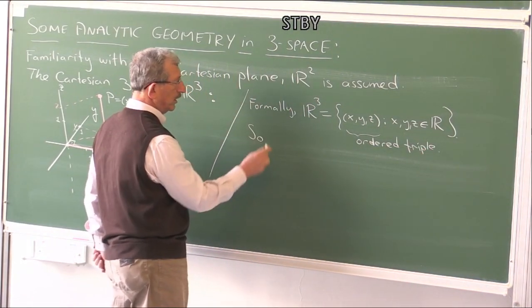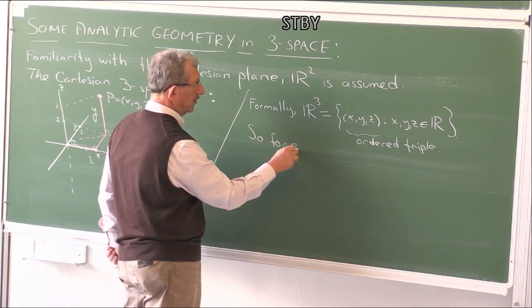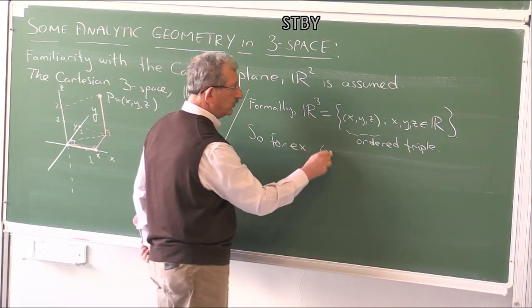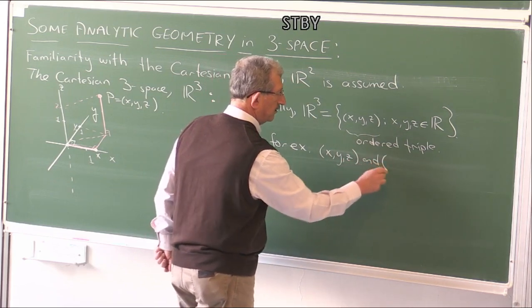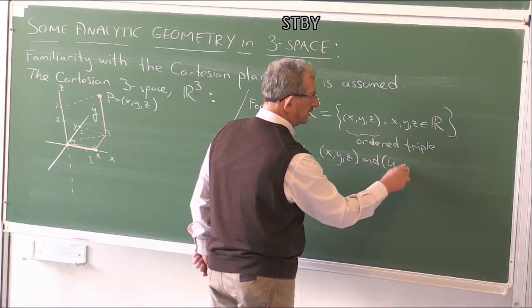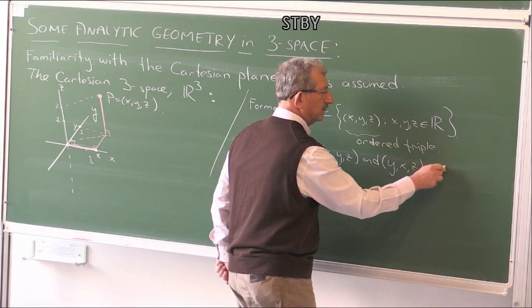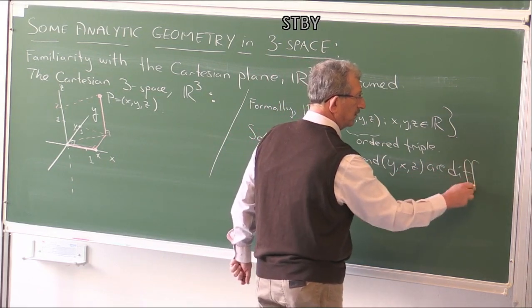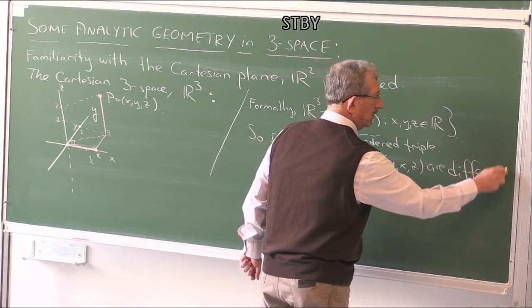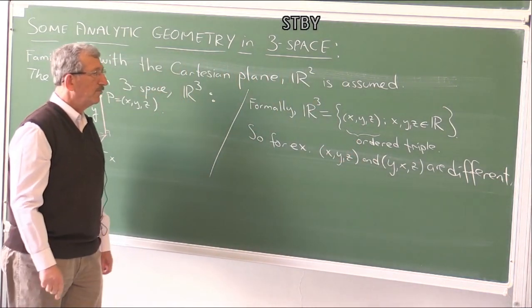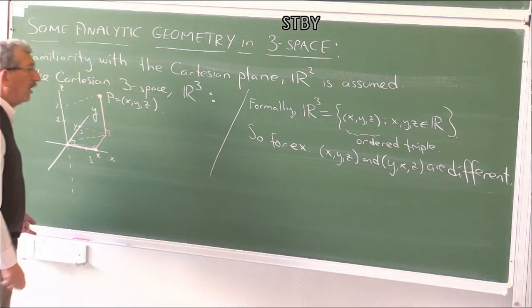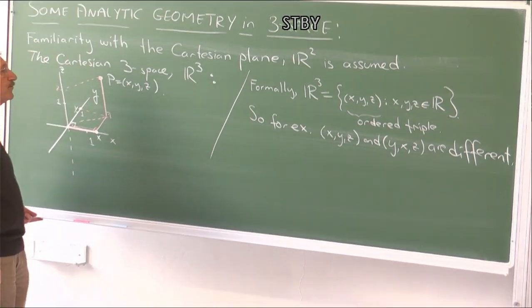So, for example, (x, y, z) and (y, x, z) are different, since these are ordered pairs or triples.